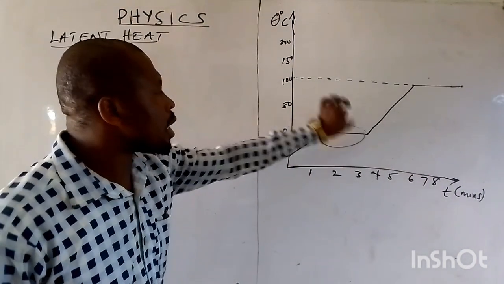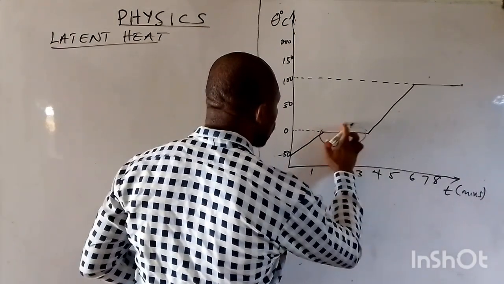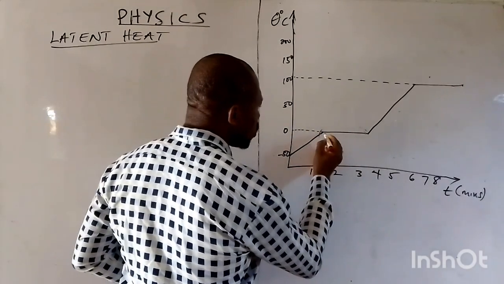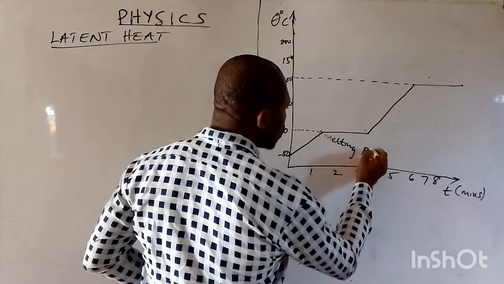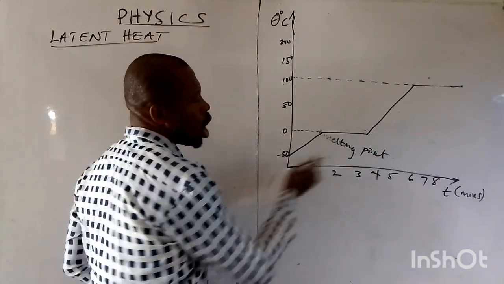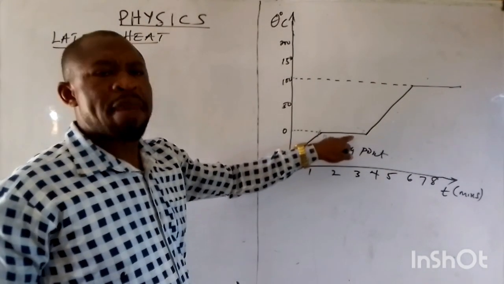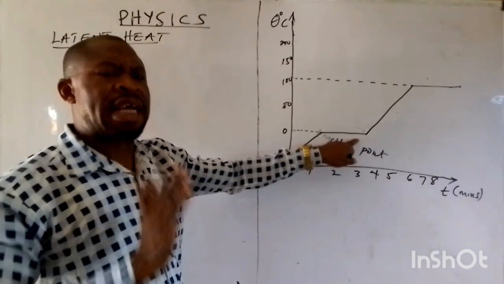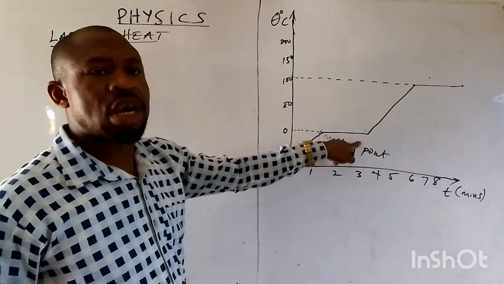This point is called the melting point. So here is the melting point. In this process, it is undergoing what we call the melting process. Immediately, all the ice cube is completely melted to water at 0 degrees Celsius.